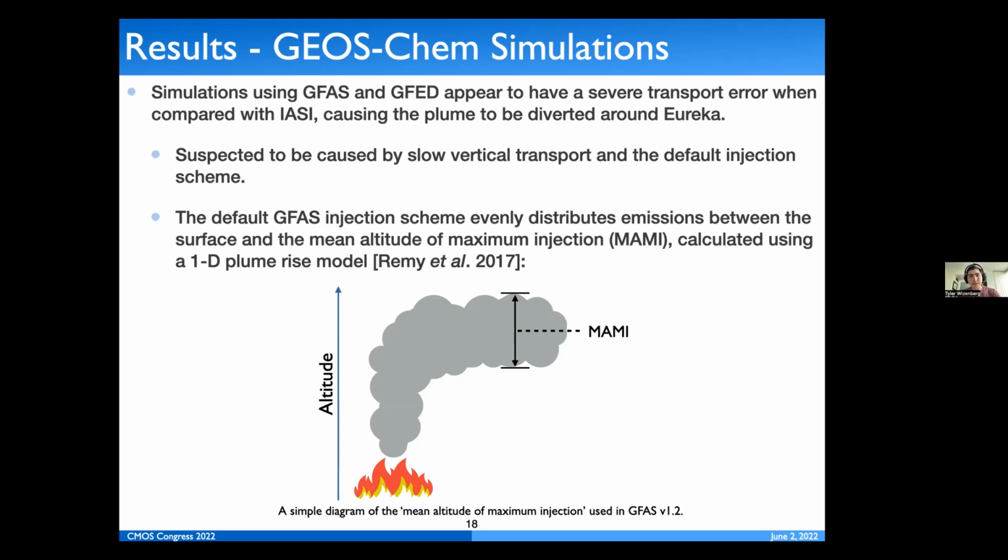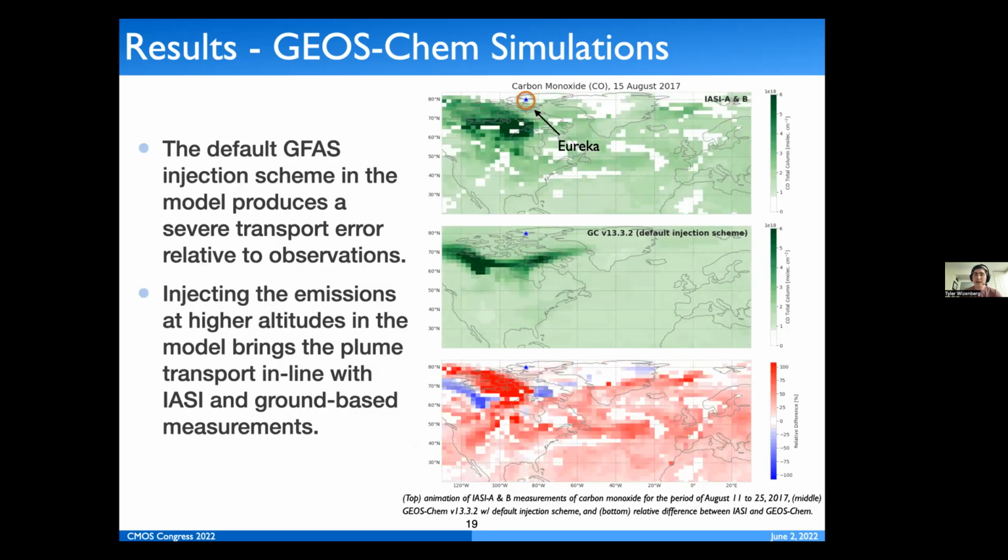By default, the emissions are evenly distributed between the surface in the model and the mean altitude of maximum injection, which is calculated using a simple 1D plume rise model. It's basically the midpoint in the smoke plume at the height at which it starts being transported. So here's an animation I included.